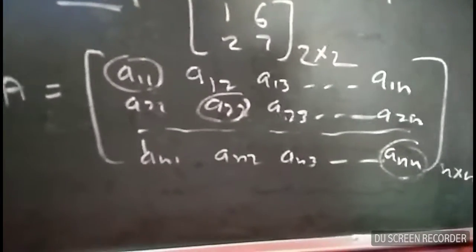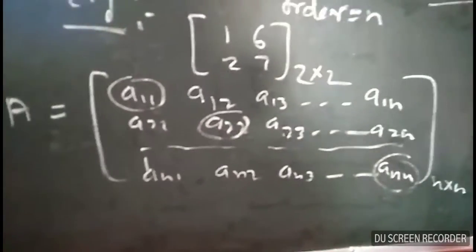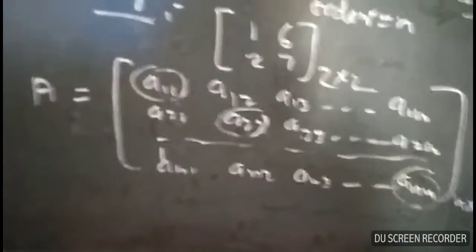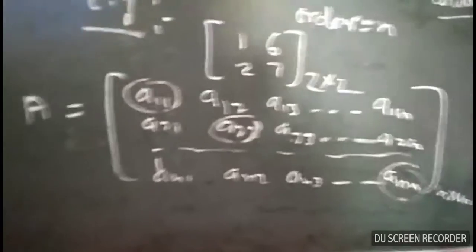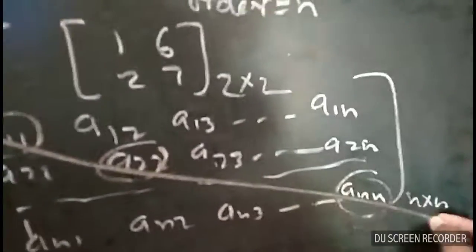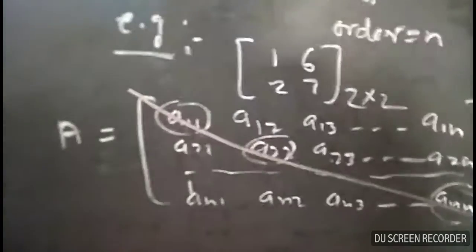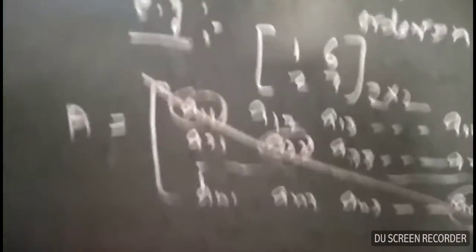The line along which they lie is called the diagonal line, and we know that it is the principal diagonal of the matrix.